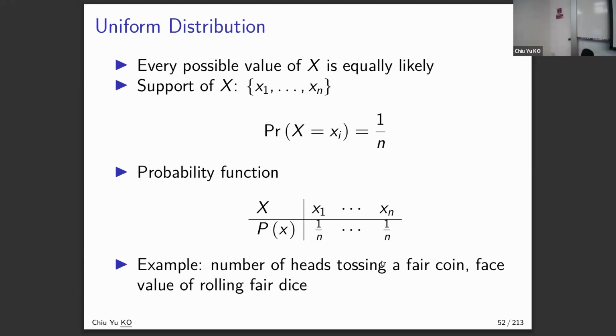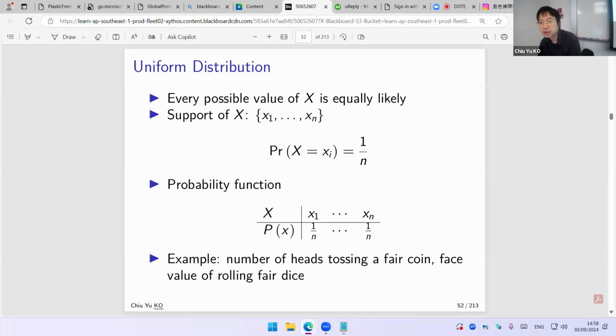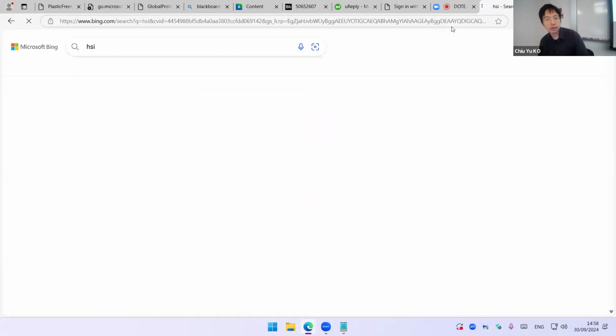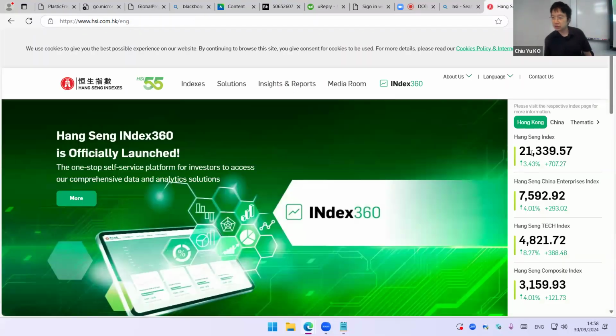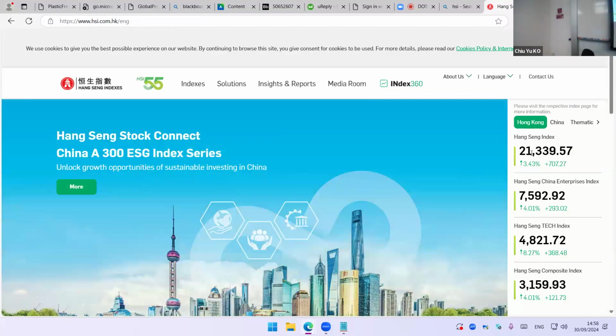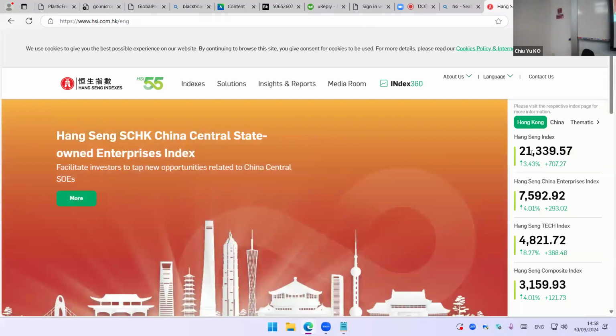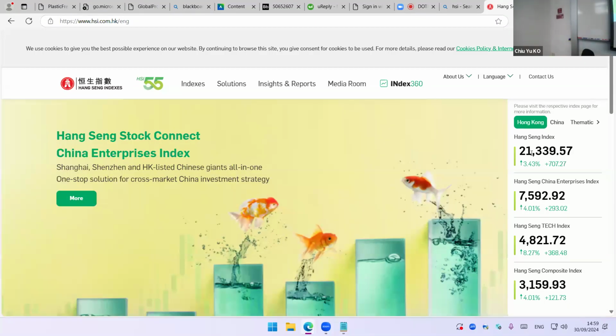I don't know what the number will be, right? Suppose today, what is the Hang Seng Index? Okay. The Hang Seng Index now is, whoa, so fast. Now it's already 21,000. Okay. So a uniform distribution would say that maybe I expect tomorrow it will be equally likely between 20,000 and 22,000.